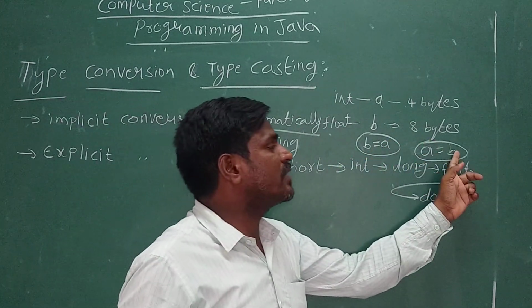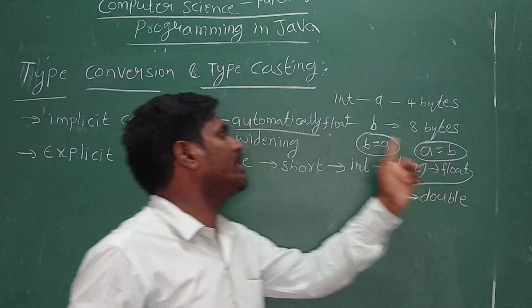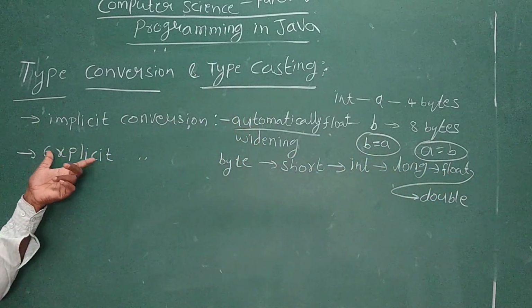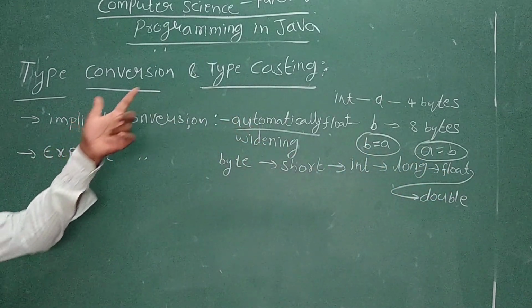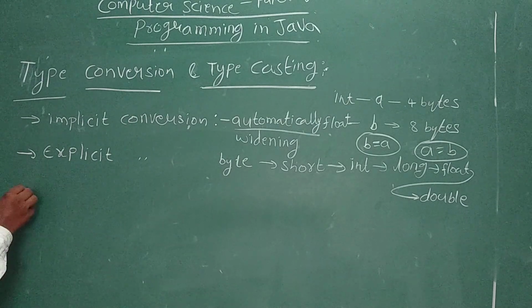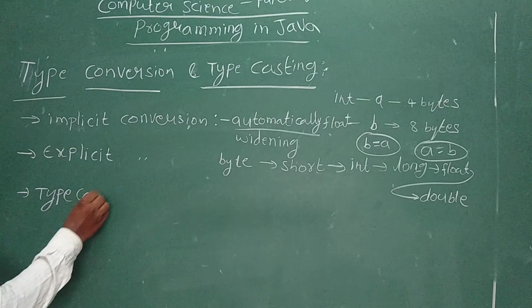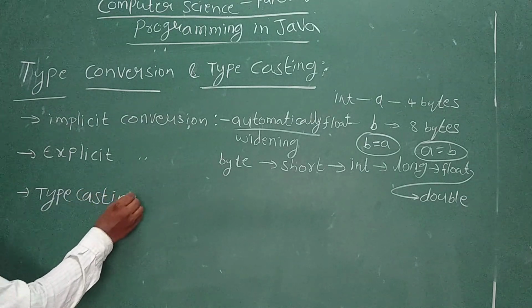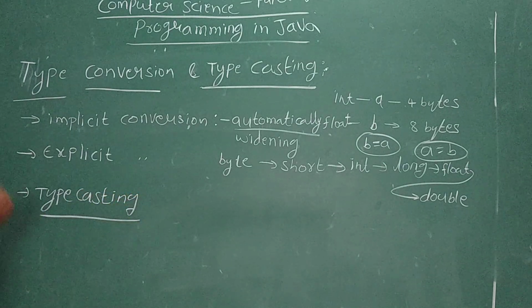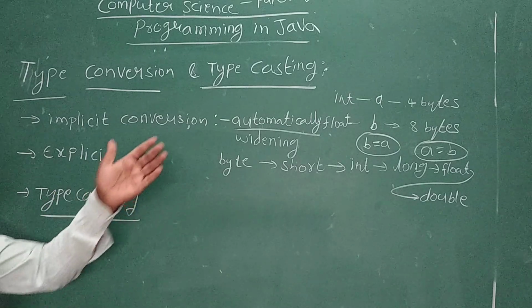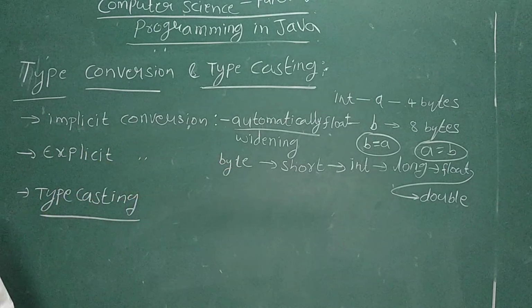So the process of converting higher size into lower size has to be done explicitly, externally, with the concept of typecasting. By using typecasting syntax, we have to convert higher size data into lower size.